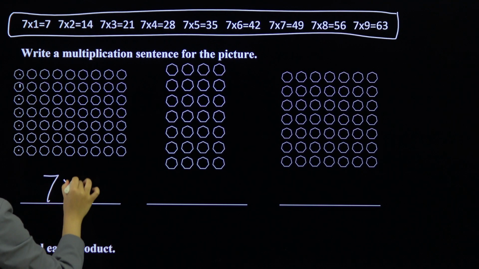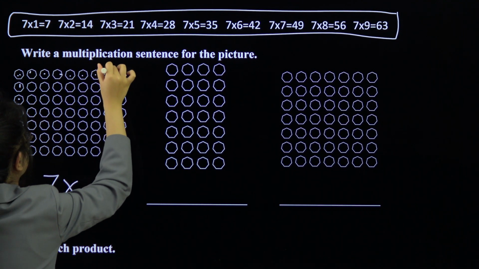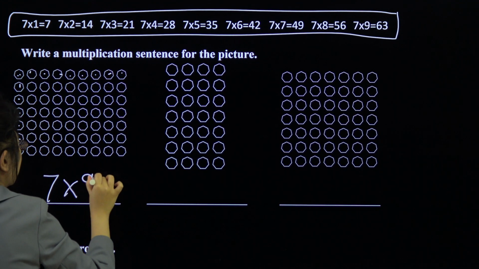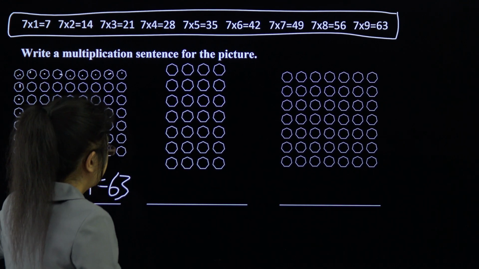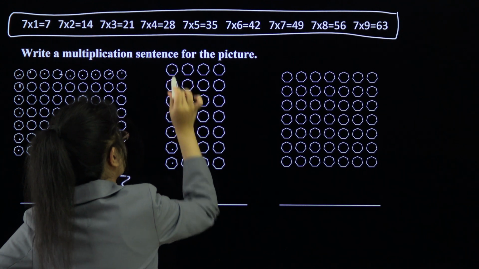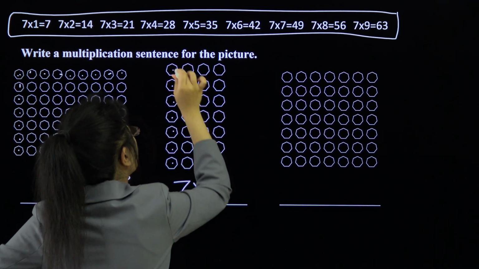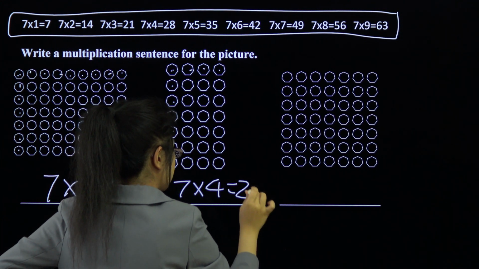So that's 7 times 1, 2, 3, 4, 5, 6, 7, 8, 9. 7 times 9. That's 63, by the way. Here, it's 1, 2, 3, 4, 5, 6, 7. 7 times 1, 2, 3, 4. 7 times 4, which is 28.